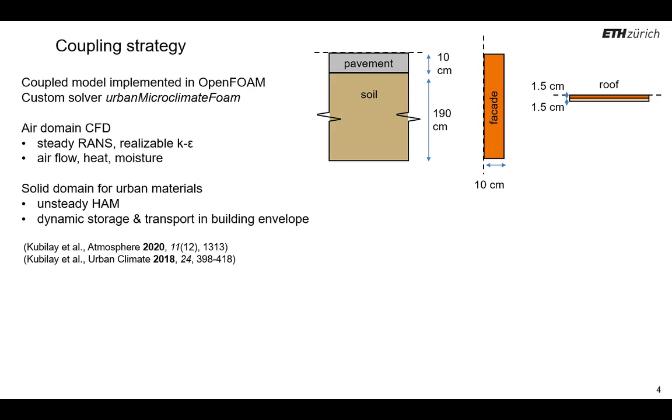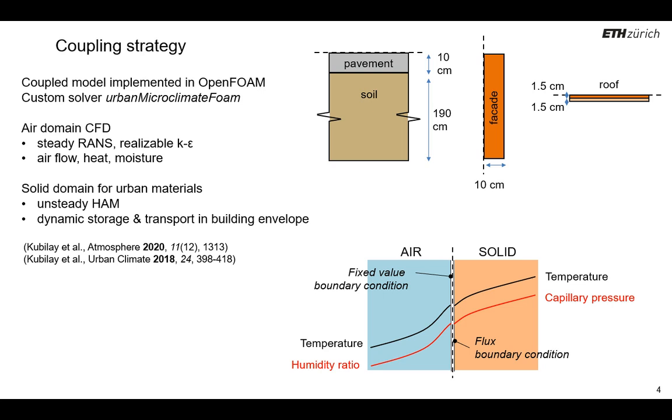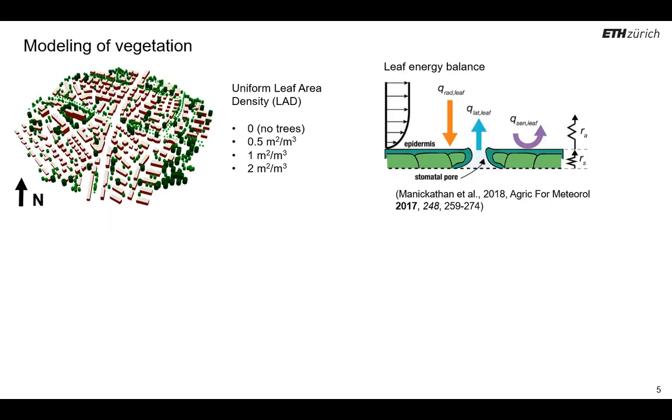But for wet surfaces and evaporative cooling, we can also activate this and solve the coupling. This is coupled such that the surface heat fluxes are given from the air, from CFD, to the solid part, and then surface temperatures are fed back to the CFD part at each time step.